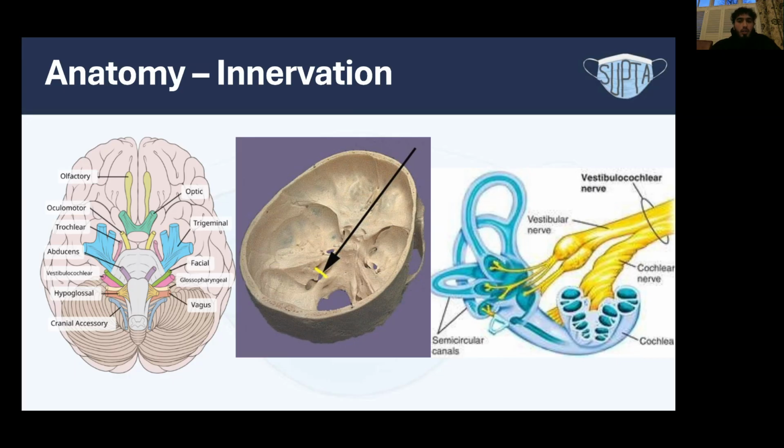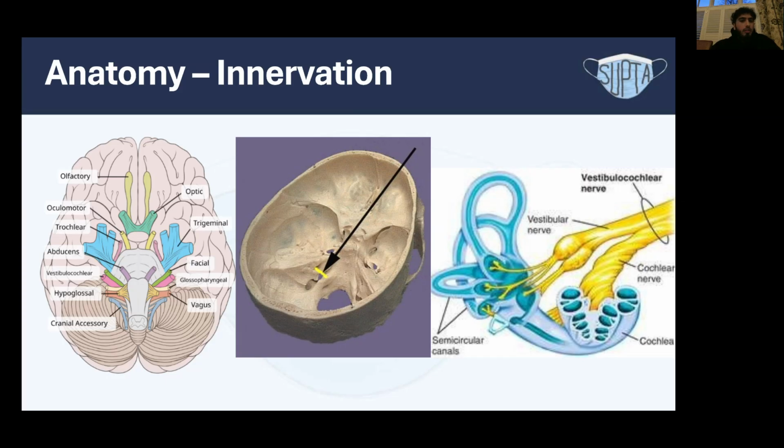In terms of the cochlear nerve, this goes along the auditory pathway, conveying auditory information from the cochlea to the cochlear nuclei in the brainstem, and that enables us to have a sense of hearing.